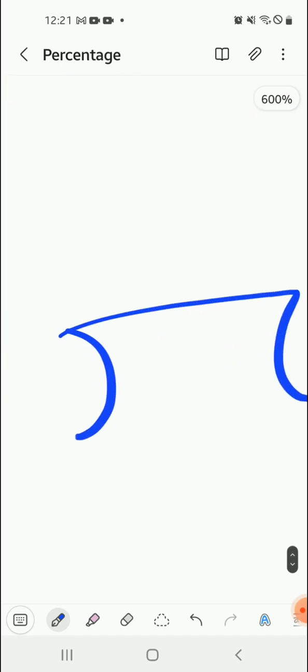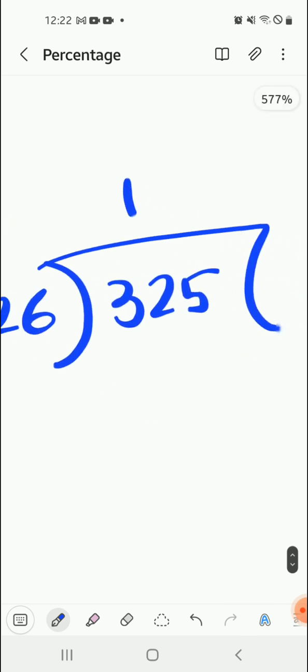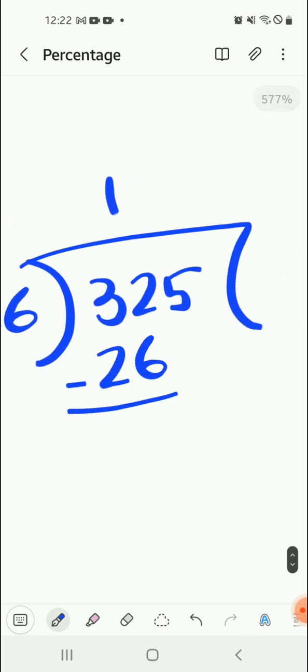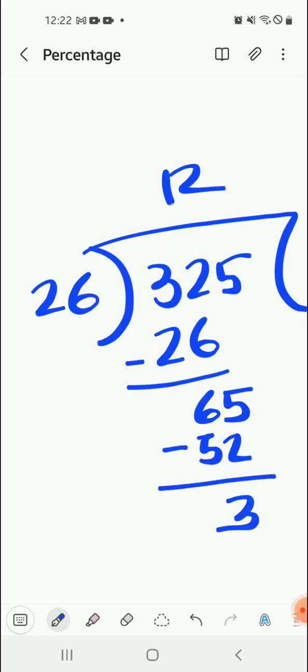So let's find out the percentage. Simply divide 325 by 26. 26 into 2, we get 52, and the remainder is 13.